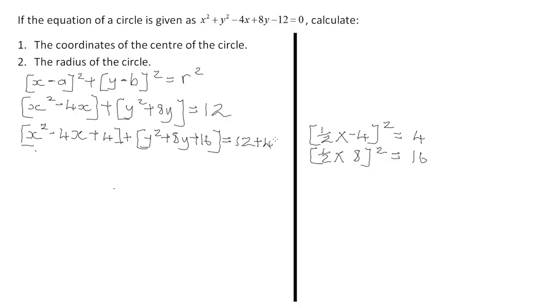And the 16 that I add there, I also need to add it there. If you don't do that, you spoil this equation. In other words, adding 4 and 16 on the left-hand side without doing it on the right-hand side, this equation will be unbalanced.